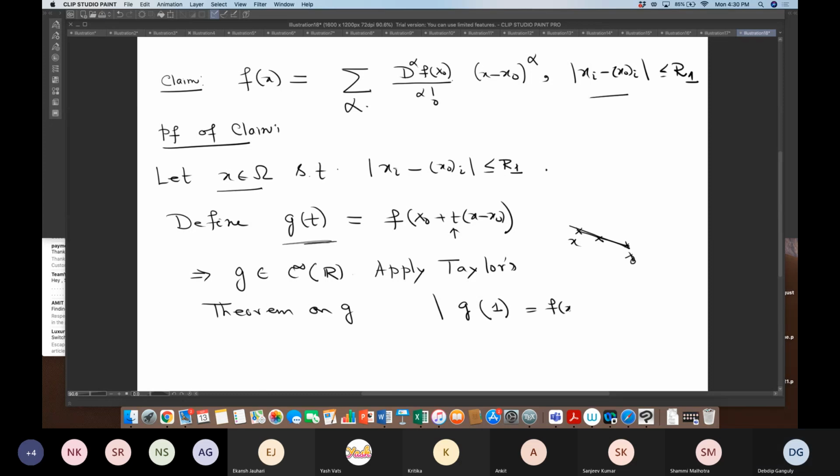Very good. What is g of 0? f of x naught. So I will write the Taylor series between g of 1 and g of 0.